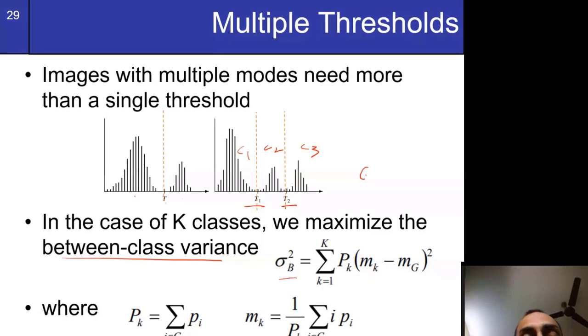We'll have to maximize the between-class variances for the pair t1, t2 together, and using these t1 and t2 values we calculate the between-class variances, and we have to do an exhaustive search for all possible pairs of t1 and t2.